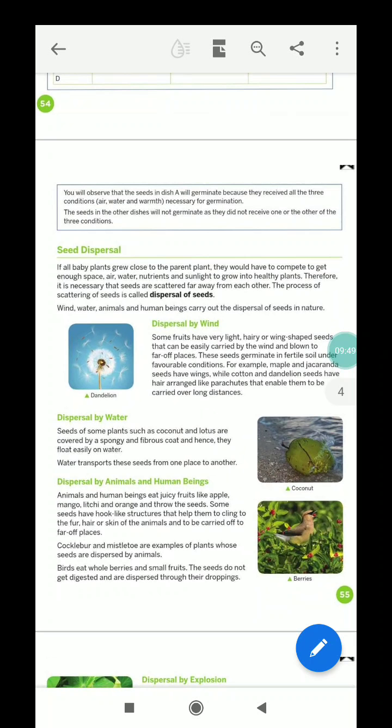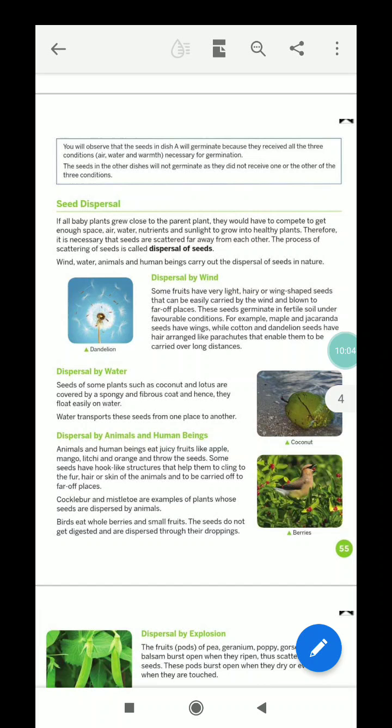Wind, water, animals and human beings carry out the dispersal of seeds in nature. So what are the agents of dispersal? The agents of dispersal are wind, water, animals and human beings. Now, dispersal by wind.